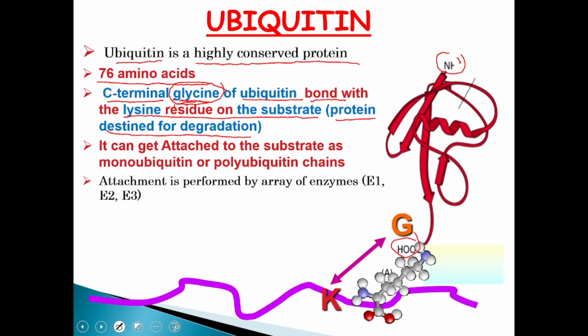So glycine on ubiquitin, lysine on the protein that needs to be degraded, and they get bonded. And ubiquitin can be attached in mono or poly. Mono means one, so the substrate can be monoubiquitinated, or attached as many, poly. And the process involves the action of three enzymes, E1, E2 and E3.